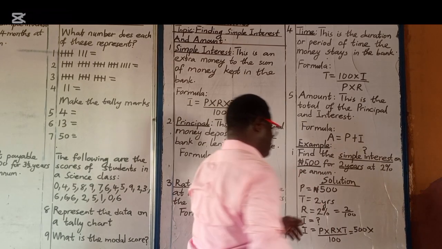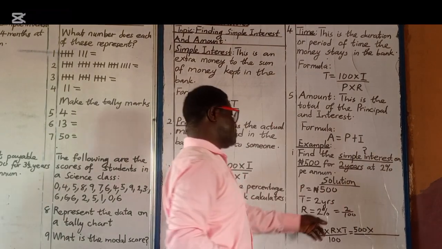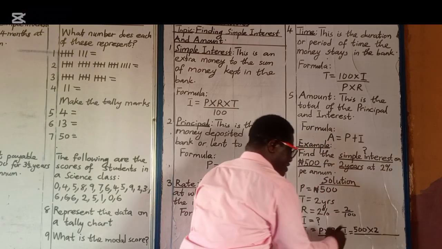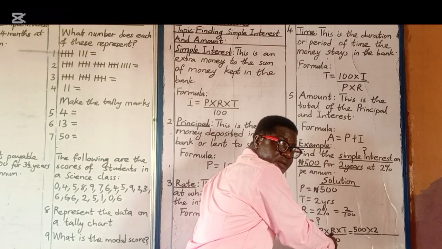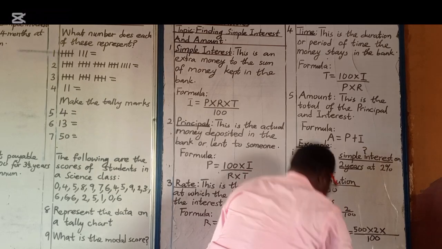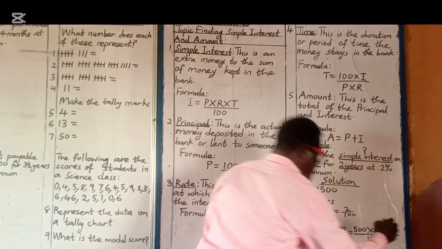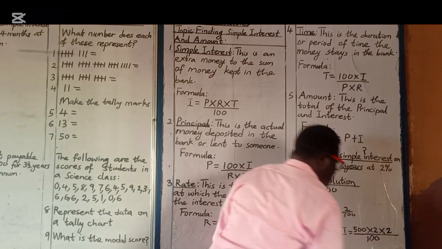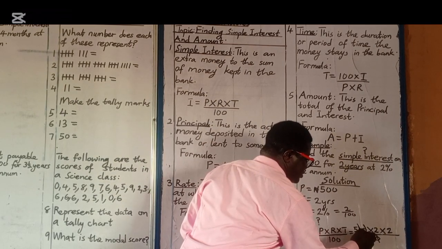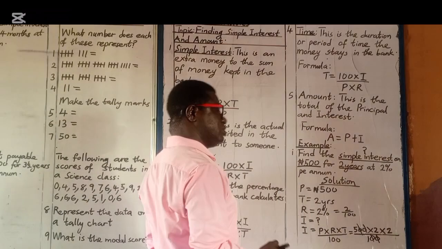Your rate, which is 2%, you put the 2 up, and the 100 under the division line. Then times time, that's 2 years. Now let's cancel. 0 can cancel 0, 0 can cancel 0. So 5 times 2 times 2 is 20.